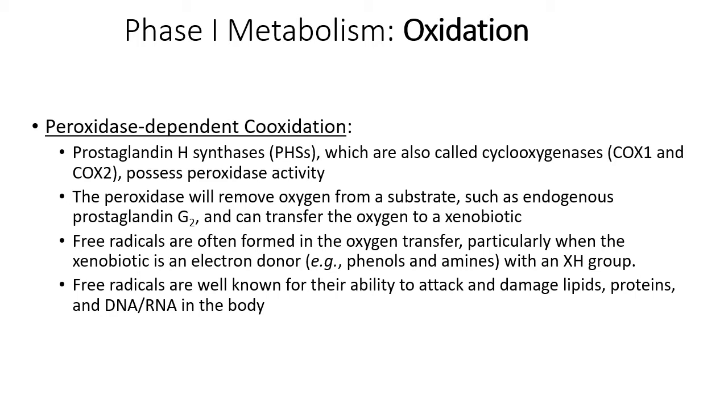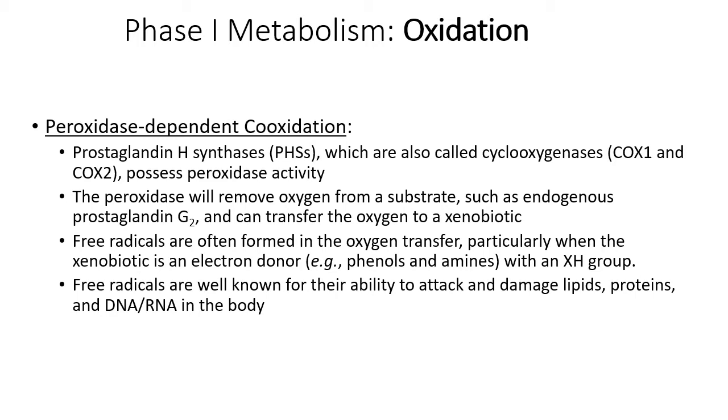What happens is basically they remove oxygen from a substrate and then transfer it to a xenobiotic. Even though, again, this is a different idea, these enzymes are targeted by NSAIDs, but the enzymes themselves can produce metabolites.